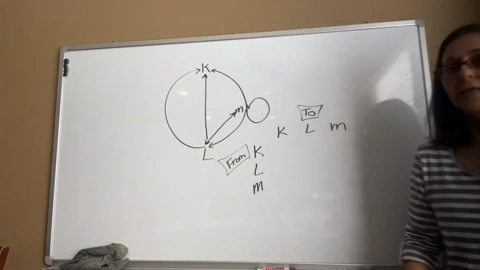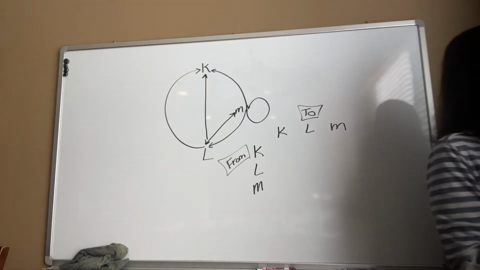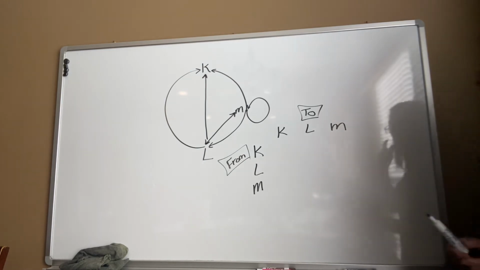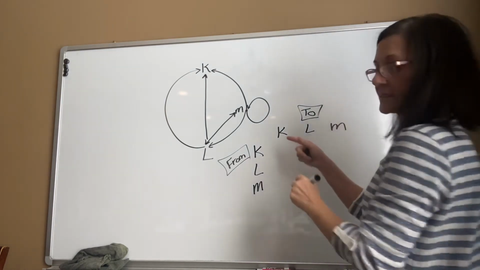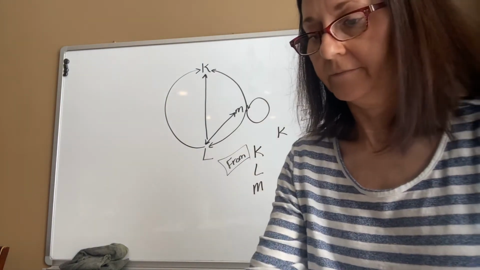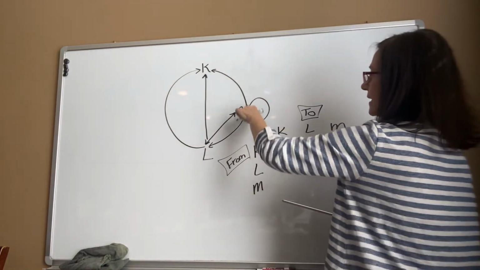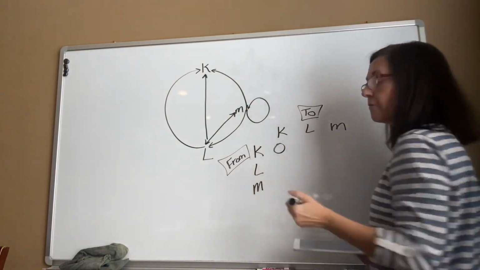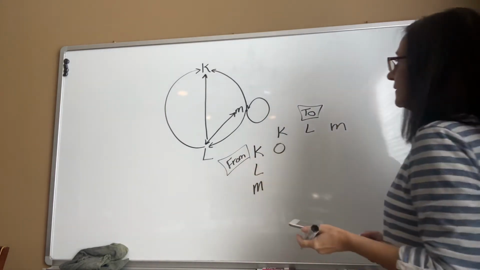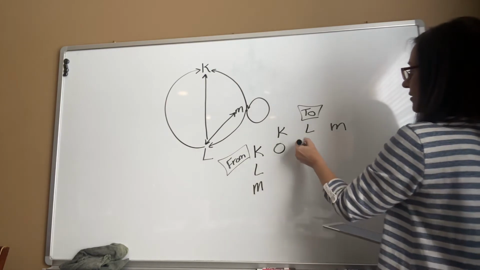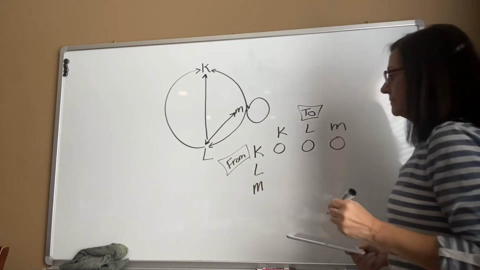So looking at this matrix, does K go to K? K does not go to K. See, this is like M going to M. So there are 0 paths from K to K. Actually, there are 0 paths from K to anybody, right? So K doesn't go to L, K doesn't go to M.